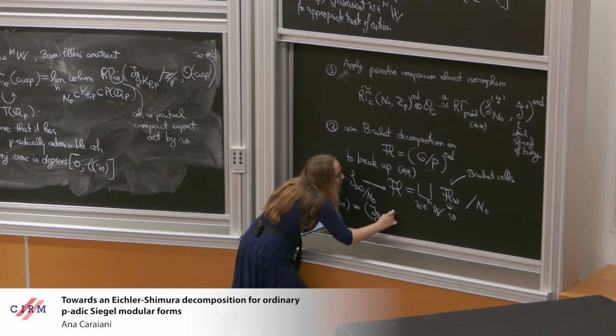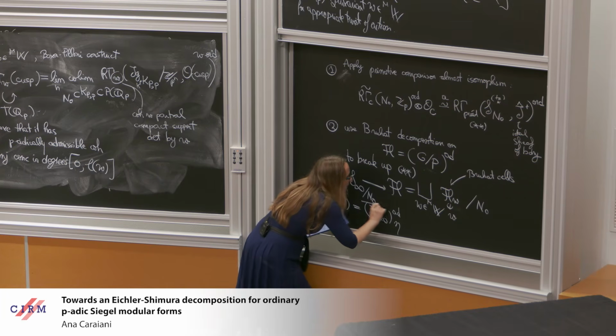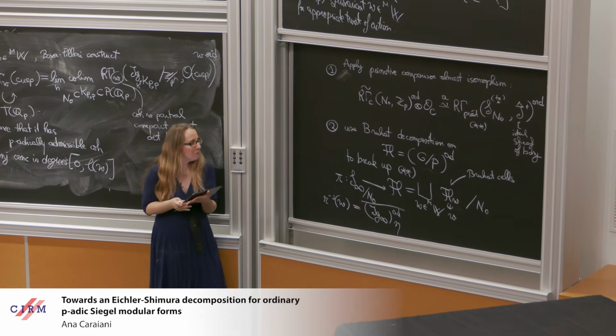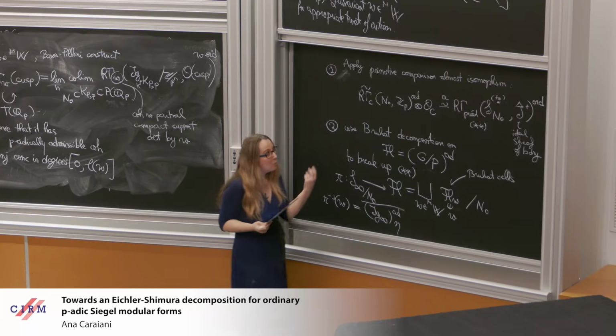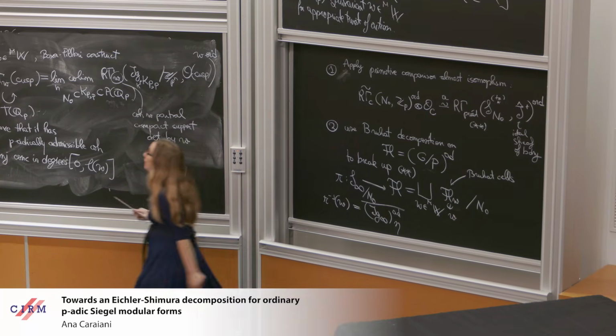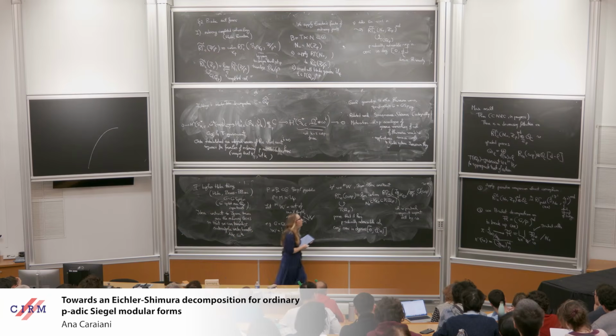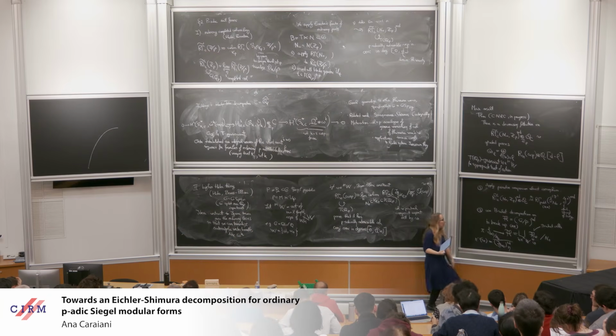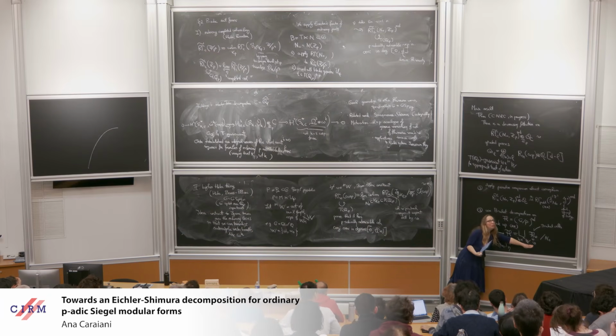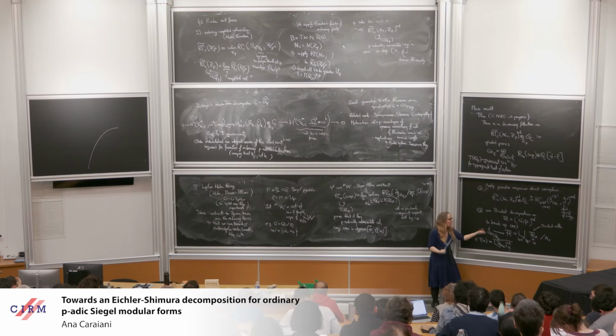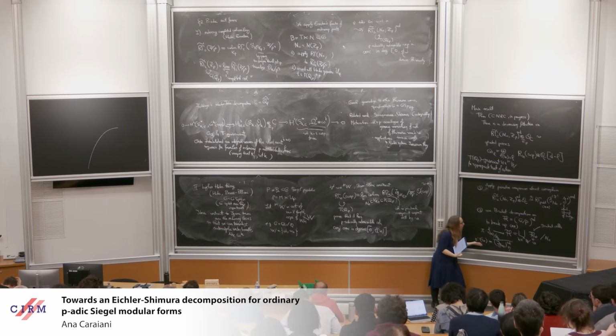Then you take the adic generic fiber and you take a canonical compactification of it. The thing that's really important, I mentioned that I only understand the case of a split group over Q_p. The way this comes up is because these Weil group elements are really Q_p points of the flag variety. So they lie in the ordinary locus. So the fibers here are ordinary Igusa varieties.